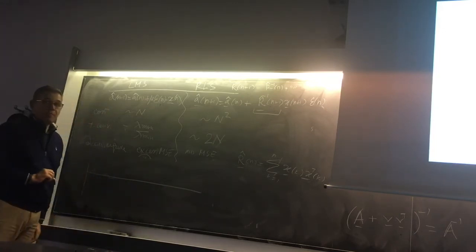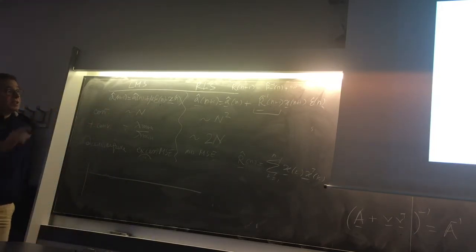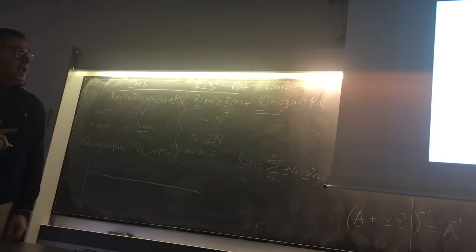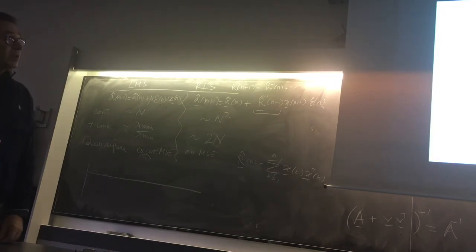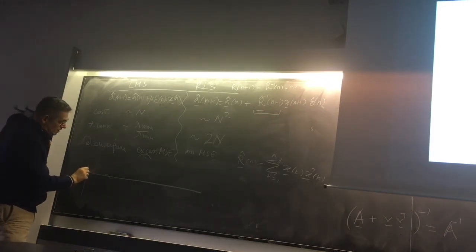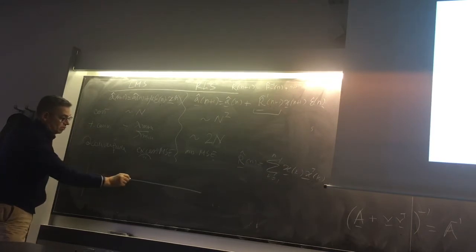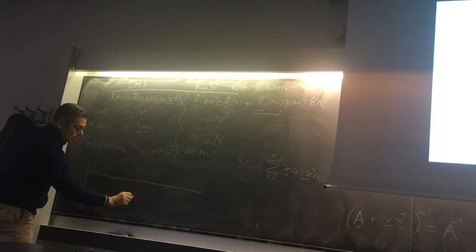In the first case, which means LMS, the number of iterations to converge is n times lambda max over lambda min. That means it takes a certain number of iterations to converge. So assume that I converge here. Here is n times lambda max to lambda min.